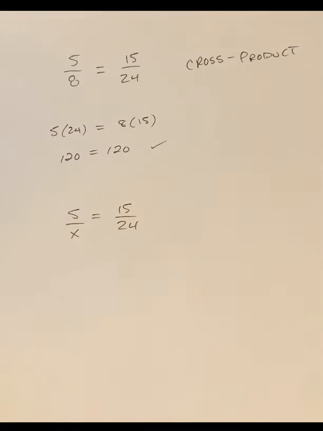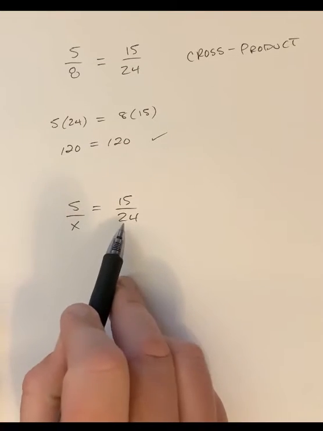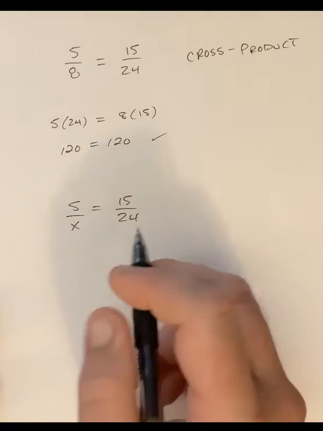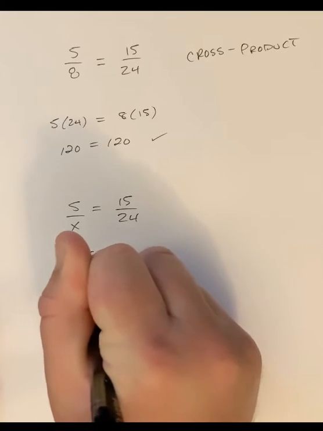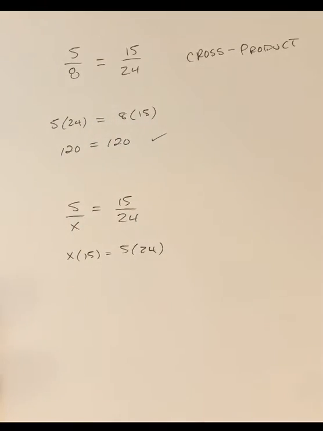This would be a realistic time when you'd actually use this idea. Because they are equal to each other, we're allowed to cross multiply, and we should still get an equation. So in other words, if we multiplied x by 15, that would be the same as 5 multiplied by 24.